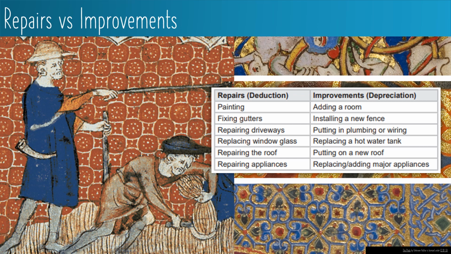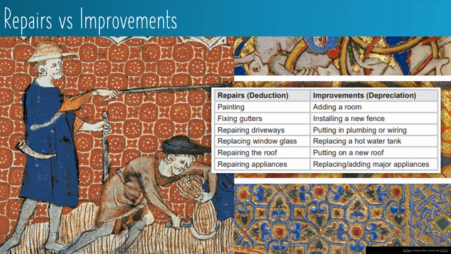So an expense comes with repairs. Those are things that are part of the regular upkeep of the underlying asset or property. In this case, it's a rental. So things like painting, fixing gutters, repairing driveways, replacing window glass, repairing the roof, or repairing appliances.